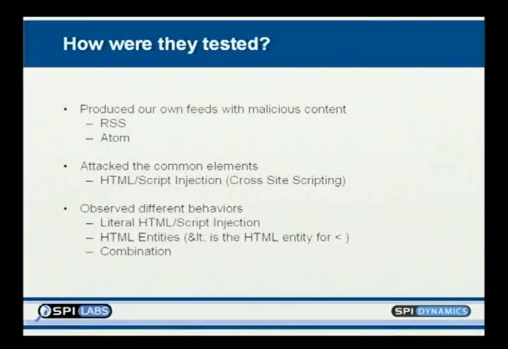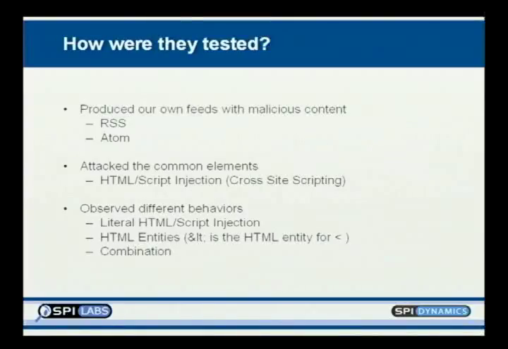In a nutshell, I created a bunch of different feeds, and I tested different scenarios. I looked at all those popular common elements, and as a smoke test, I started trying to inject script in there, like JavaScript. Some of the readers behaved differently. If I injected literal script, some of them would complain.